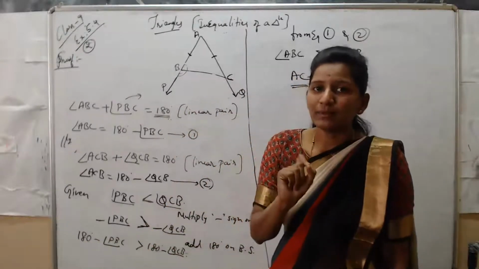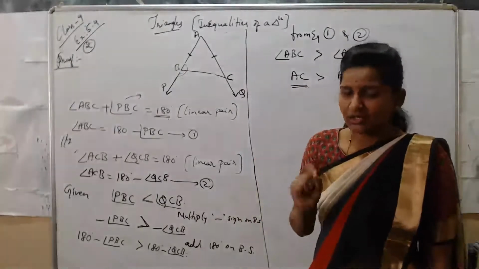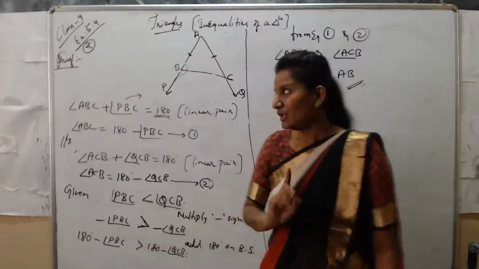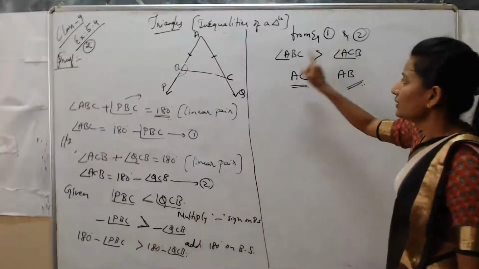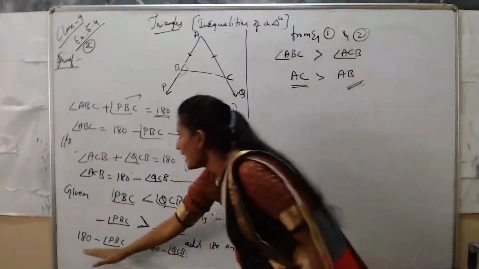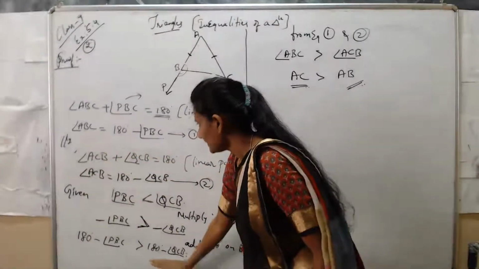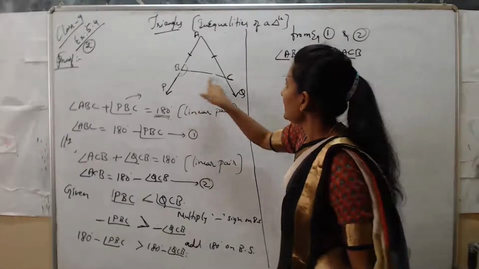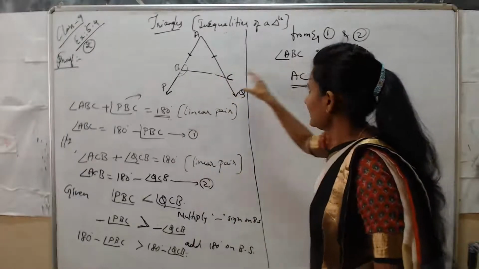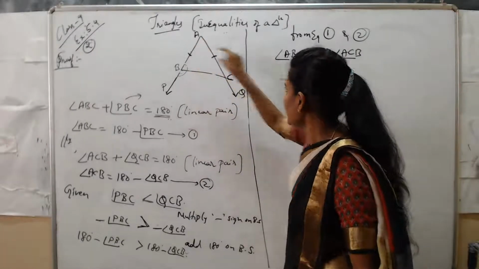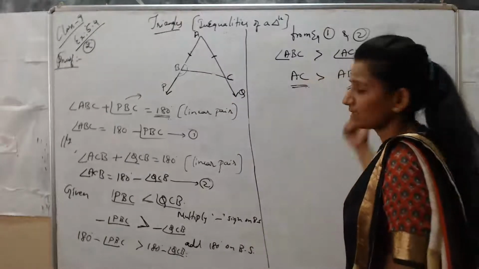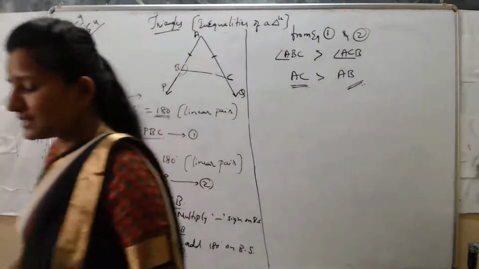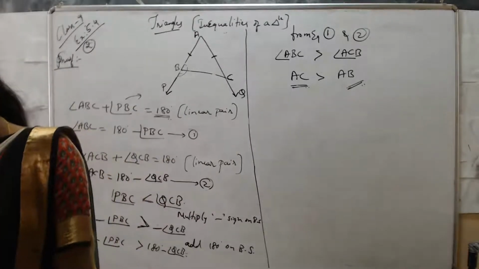Only if you multiply or divide by a negative sign does the less than or greater than symbol change. From 1 and 2, we can write this as ABC and this as ACB. ABC's opposite side is AC and ACB's opposite side is AB. Obviously, AC is greater than AB, which we want to prove. This is from the theorem.